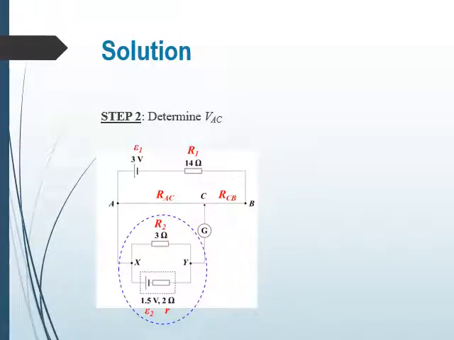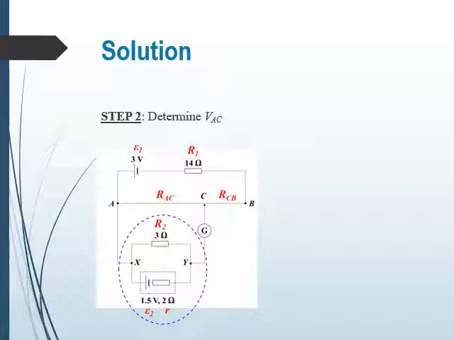Now, if you look at this loop, the voltage across R2 is actually the same as VXY. So now let's see, how are we going to solve it? If you look at the information given, we don't have the terminal voltage, and we also don't have the current in this lower loop. Therefore, we cannot solve it by using the equations for EMF.